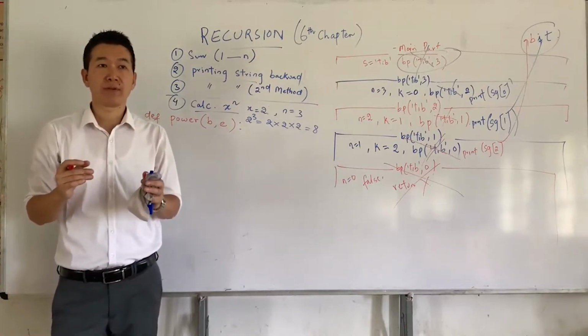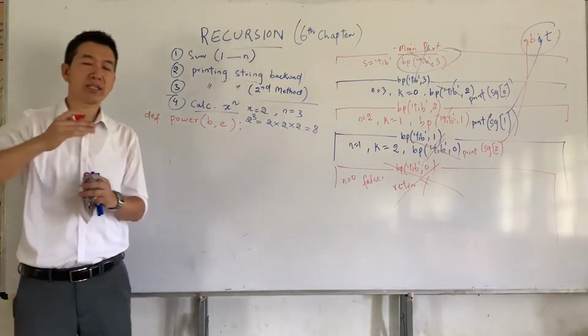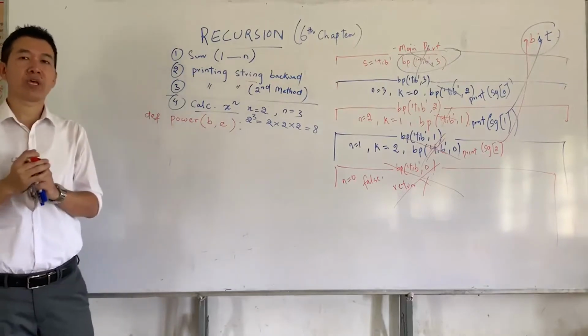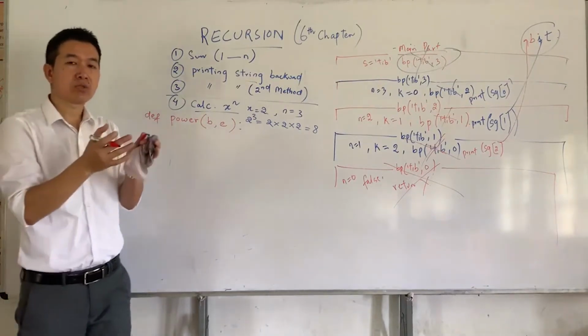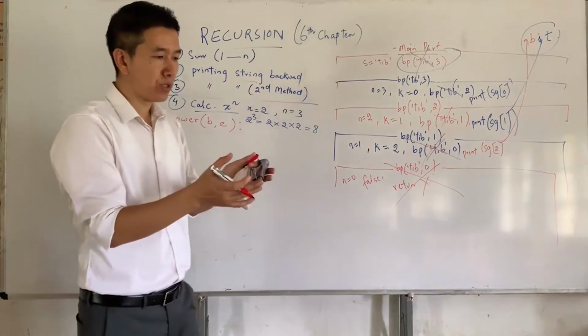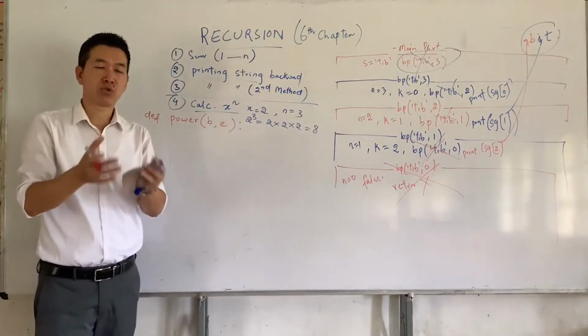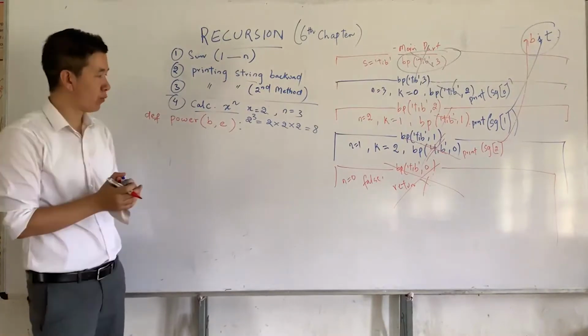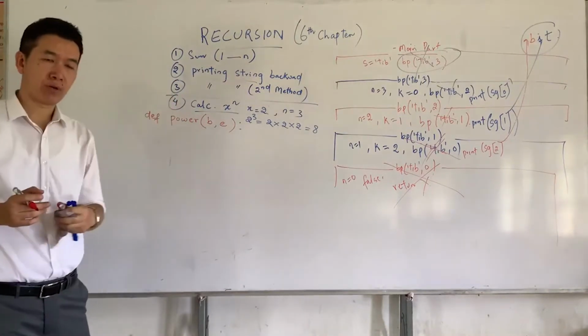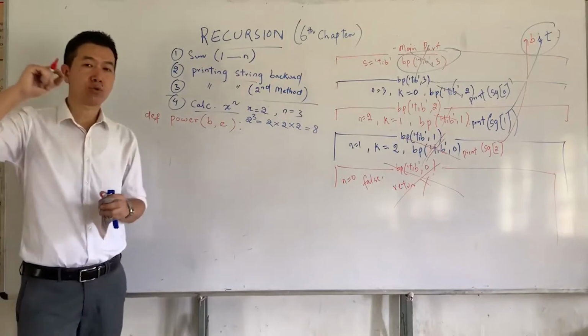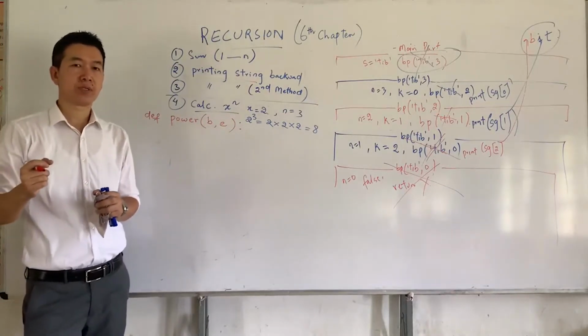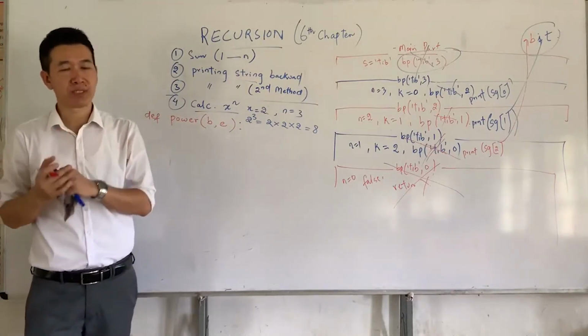I'm sure you must have learned this when you were in junior classes. Anything raised to power of 0 is 1. So this is one way by which I could come up with a base case. I could draw the program to an end if the value of e is equal to 0. Alright? If the value of e is equal to 0, which value should be returned? The value of 1 should be returned.